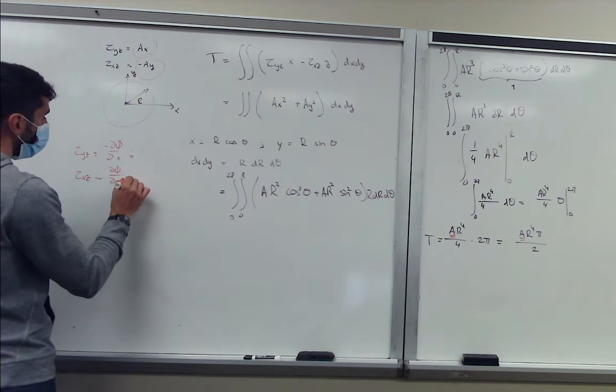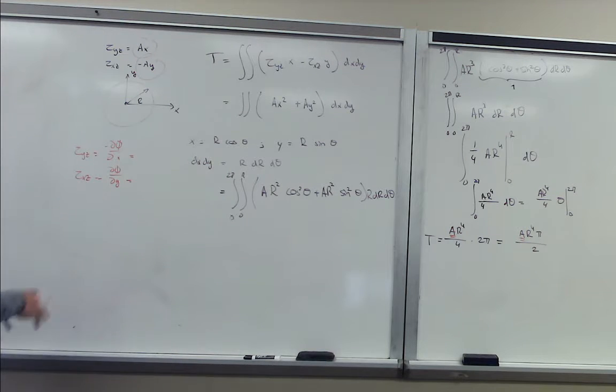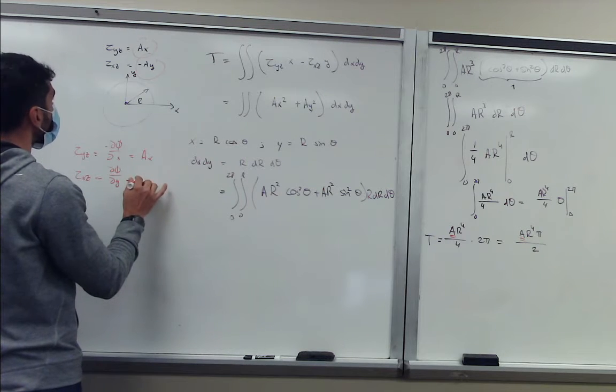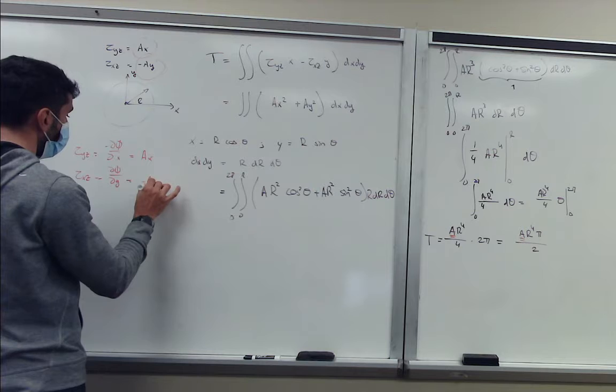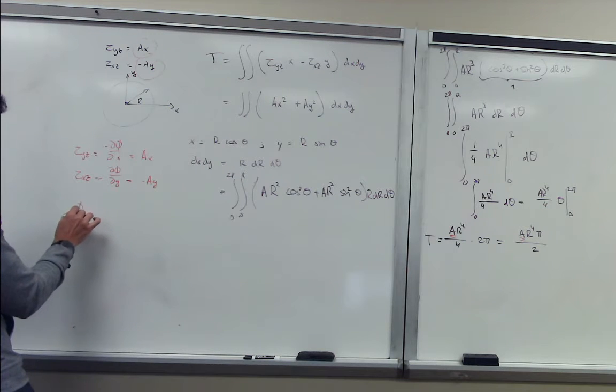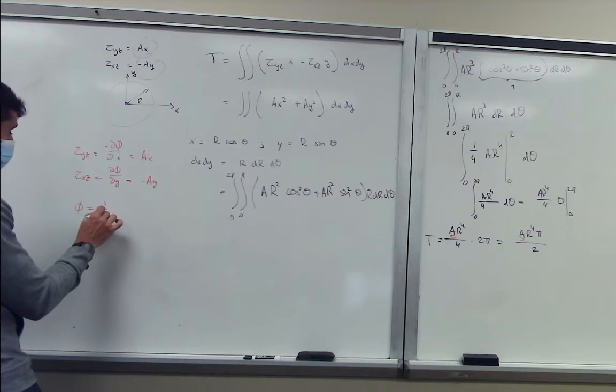So you can basically also determine what this function is. So this was ay, and this was minus ax. So this derivative with x is ax. So this is probably phi would be something like this.